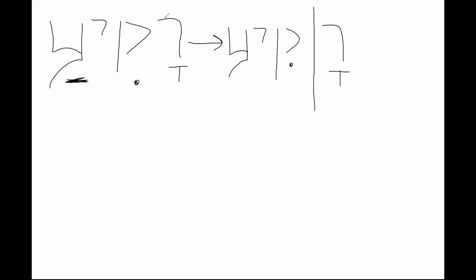So pretty much it would be resh, the R for resh, and for the qamets we have an a, and then a qof, which would be your Q, and then your hiriq yod, which is your i, and then your ayin.